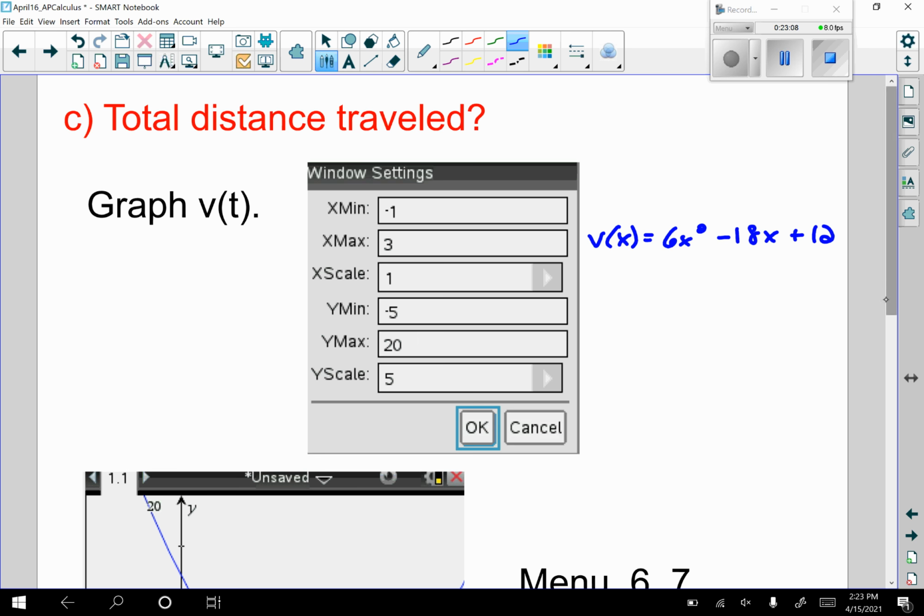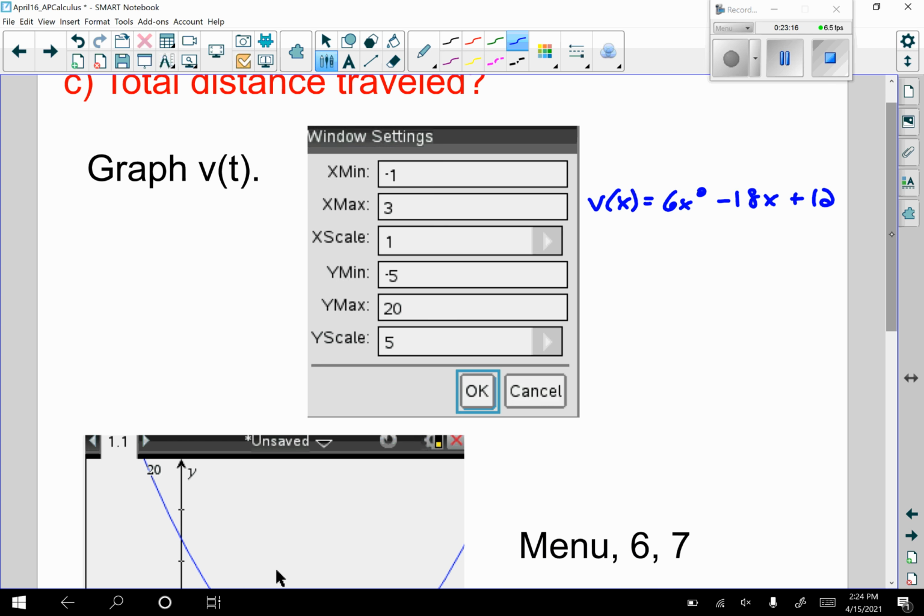And adjust your window settings just as I have here, so go to menu 4.1. And once you have that graphed, we're going to go to menu 6.7. Pause the video if you still need to enter the window settings.